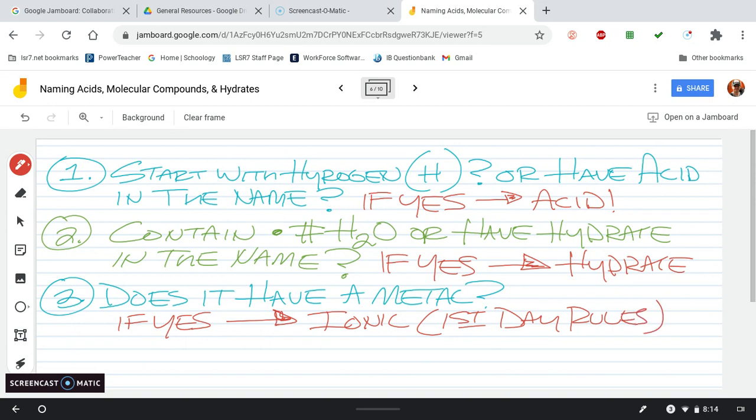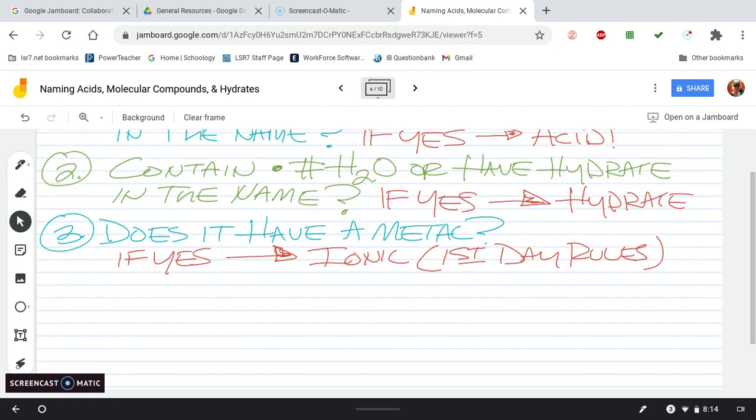And then last, if it's no to everything, it's going to be molecular, okay? So I'm going to go ahead and say number 4, if all no's, if everything else fails, it's molecular. But you do have some checks for molecular.